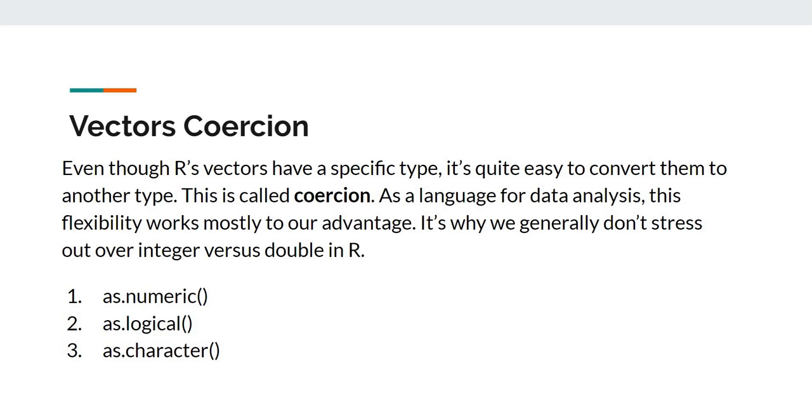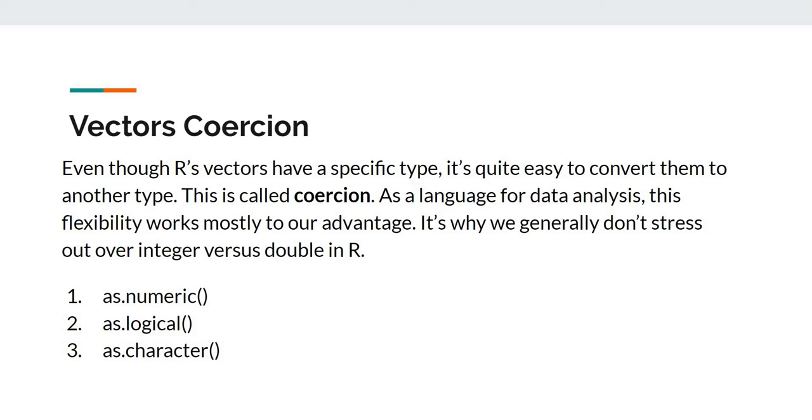After that, let us understand vector coercion. Since a vector can store only similar type of data, at some time we want to convert a numeric data type into a float data type or a numeric data type into a character data type. This is called coercion. As a language for data analysis, this flexibility works mostly to our advantage.